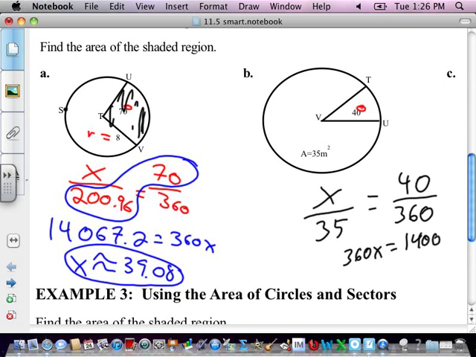Why did you put the 35 on the bottom? Because it's the area of the whole circle. If it was the area of the sector, it'd be inside the sector. So we take 1,400 and divide that by 360, and we get the area of the sector is 3.8.